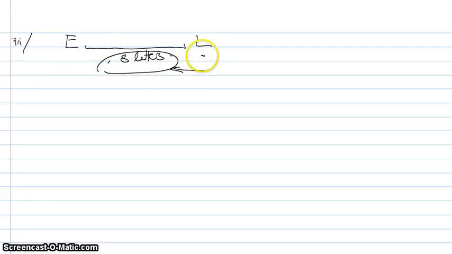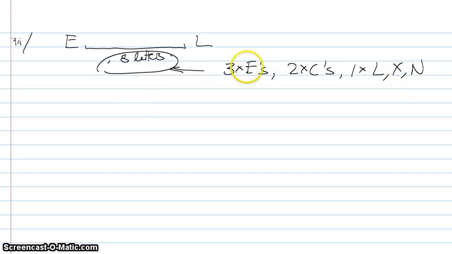In here, what do I have? 3 E's, I've got 2 C's, and I've got 1 L, 1 X, and 1 N. So in total now, that's 8 letters, and so how many ways are there to arrange these 8 letters?